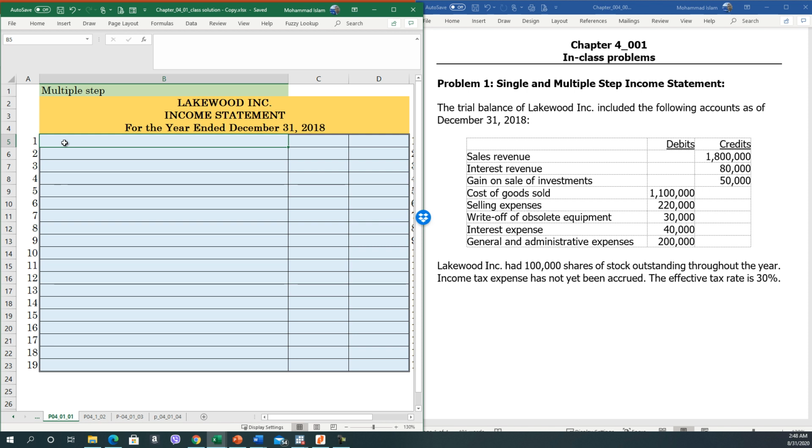So the first one is sales revenue and gains. So the sales revenue is equal to what do we have?